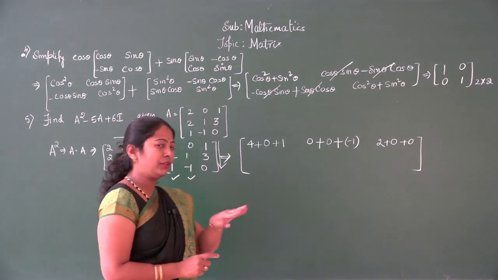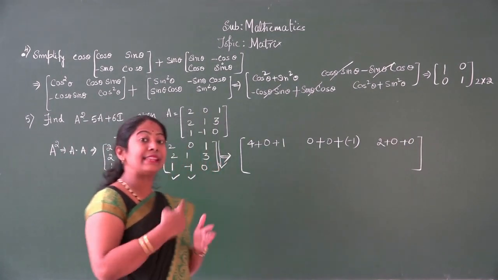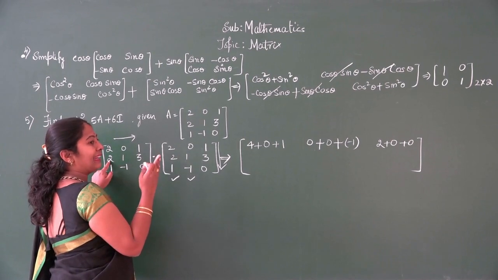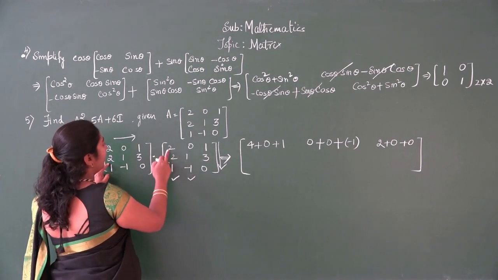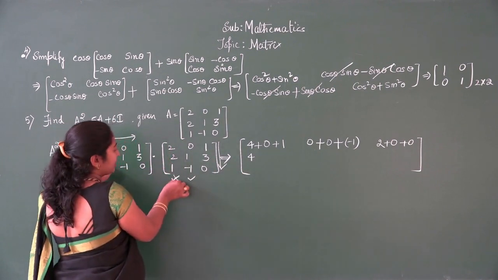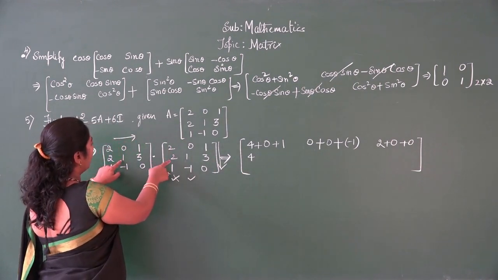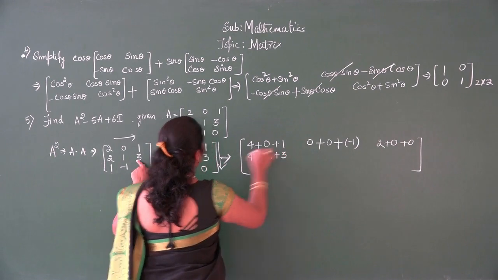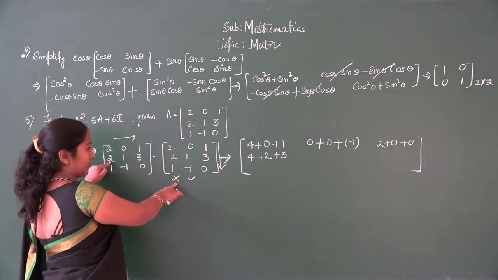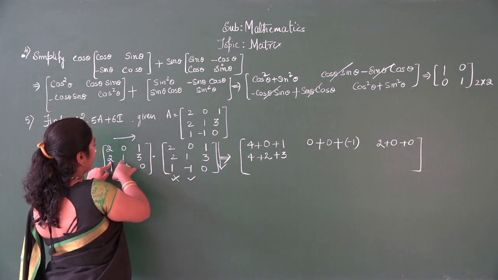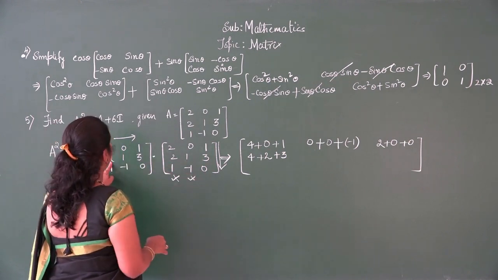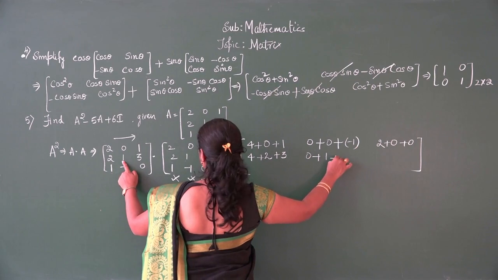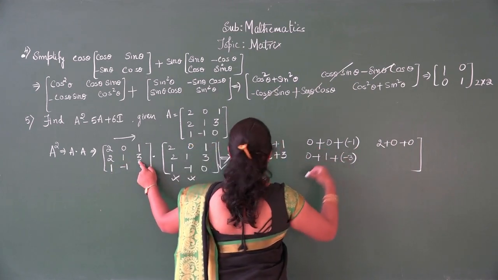We started off with the first row and finished with all the columns. Now we start with the second row of the first matrix, the elements 2, 1 and 3, with the first column. 2 into 2 is 4, 1 into 2 is 2, 3 into 1 is 3. Now the second row with the second column: 2 into 0 is 0, plus 1 into 1 is 1, plus 3 into minus 1 is minus 3.